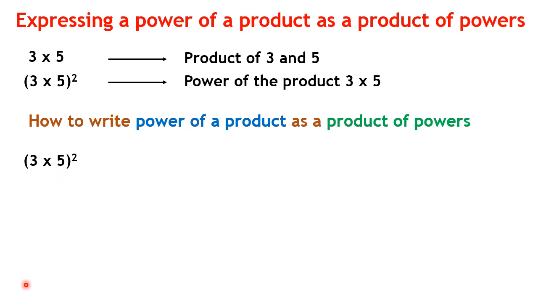Let's write the meaning of that. 3 into 5 squared means the base in the factorized form, 3 times 5, is written 2 times: 3 times 5 once, into 3 times 5 one more time, twice. So when we remove the bracket, we write without the bracket: 3 times 5 into 3 times 5.